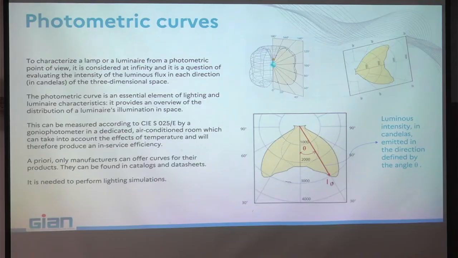That means you need an even bigger photogoniometer, and you can acquire all the necessary data to build this photometric solid in any angle around the fixture or the lamp, with an angular step of 5 degrees minimum.